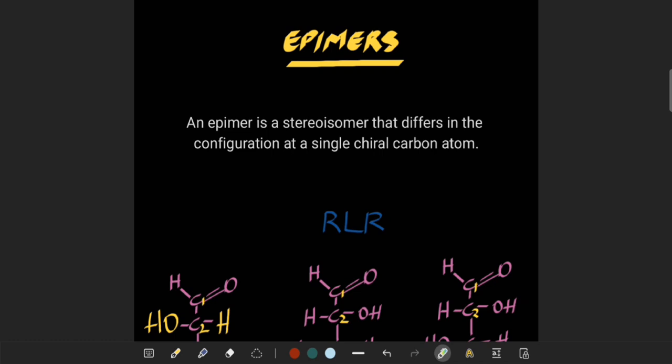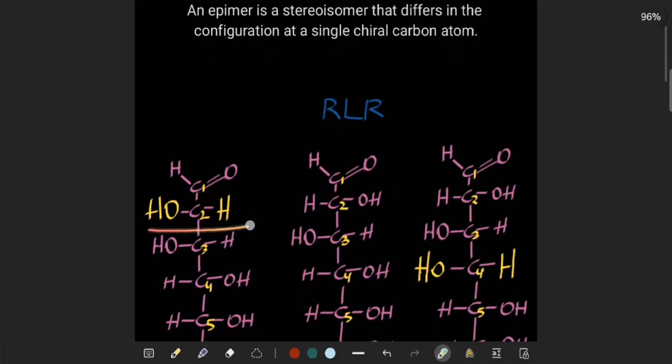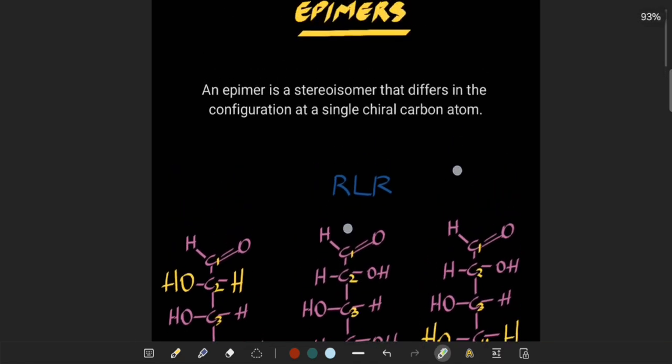So we were able to understand that in the second carbon, single chiral carbon, that means this is the single chiral carbon and this is the single chiral carbon, which was differing in the configuration. I hope you are able to understand the definition as well.